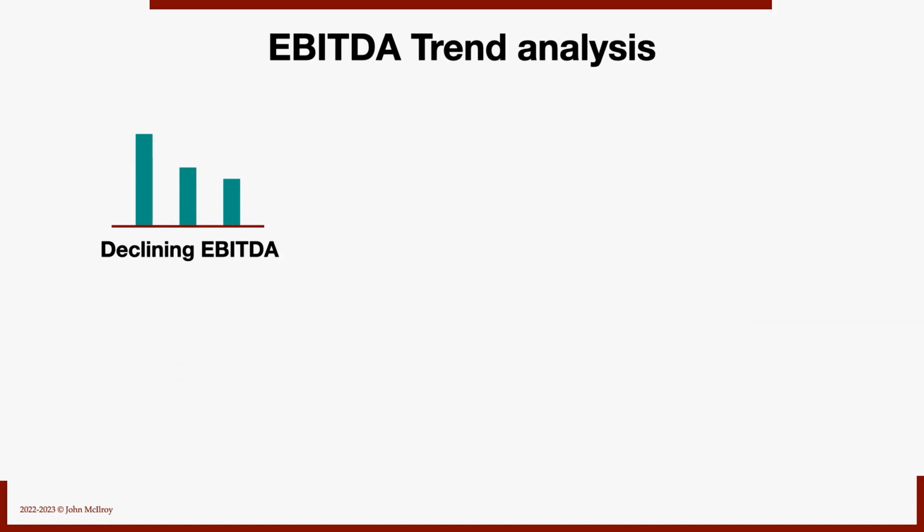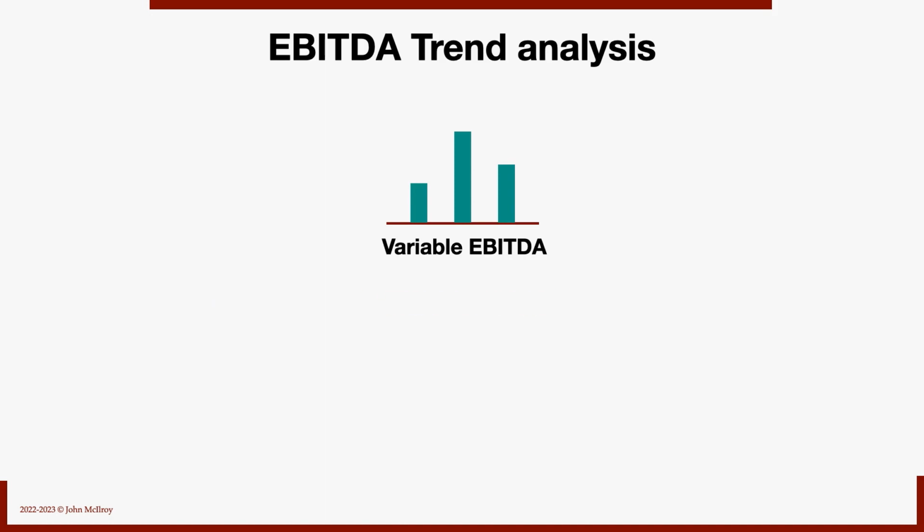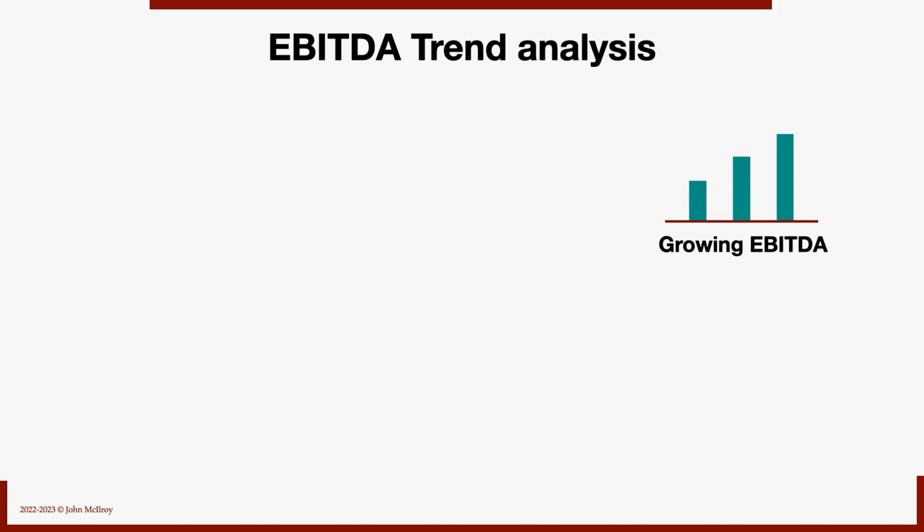Declining EBITDA, my tendency is to just use last year only. That really reflects the new reality of the business, so that's my approach. If it's variable EBITDA, I'm inclined to take a 3-year average. If it's growing EBITDA, I can't just take a straight average. That penalizes the fact that this is a growing business. So I might take a 3-year weighted average with the weight more heavily oriented towards the most recent period.